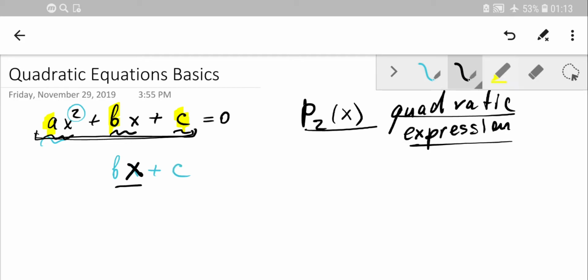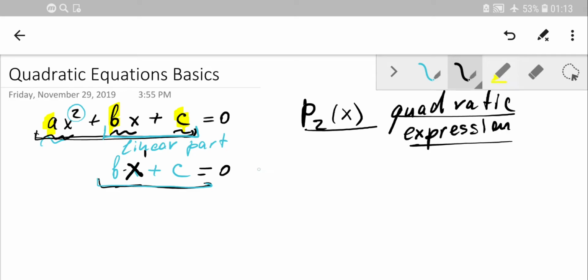However, the variable x tells you that the maximum power of this expression is 1. This is the linear part of the expression or equation, because it contains x to the power of 1, as we've seen in linear expressions and equations.